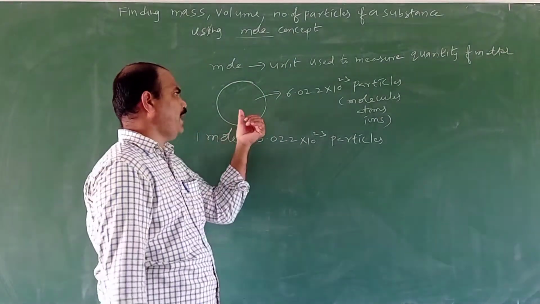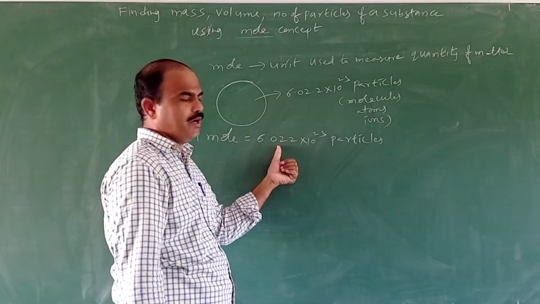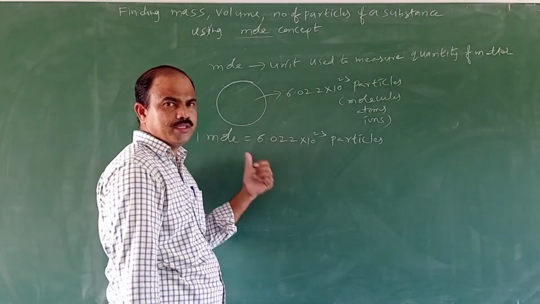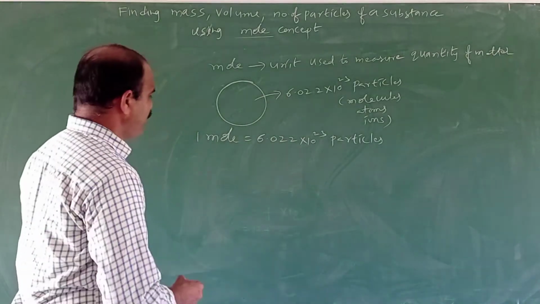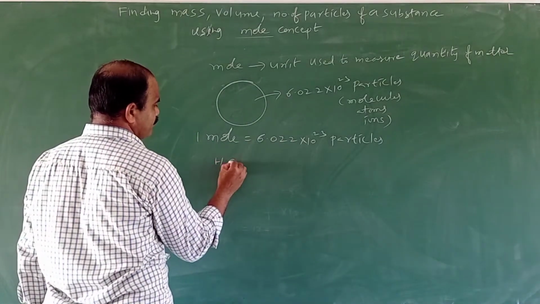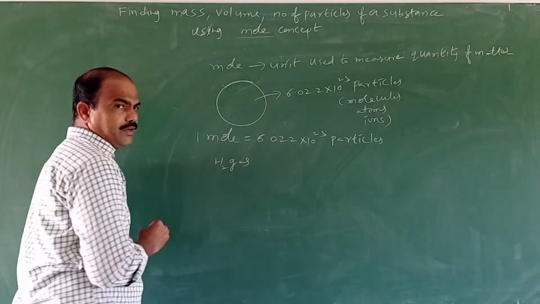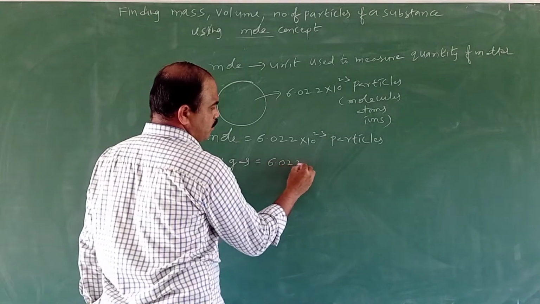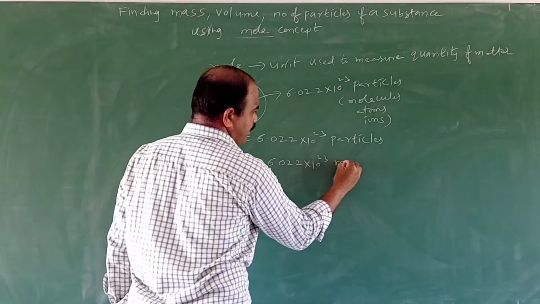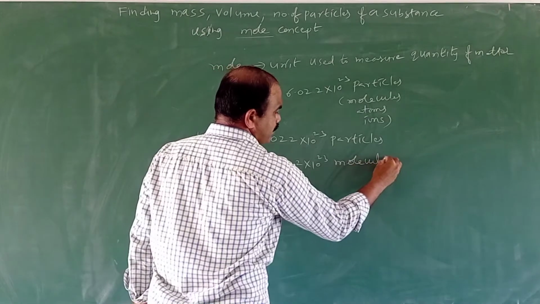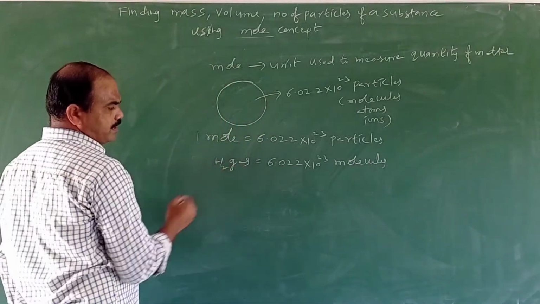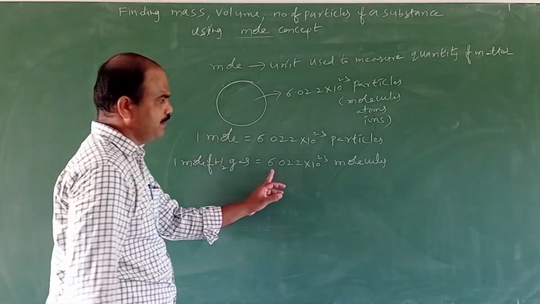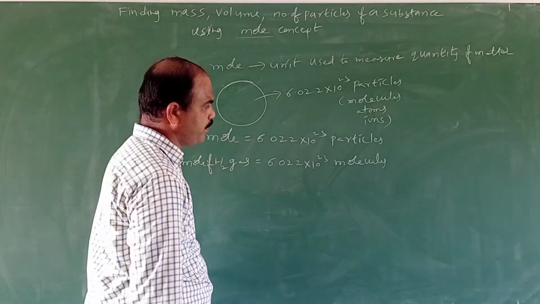Only if the matter contains this number of particles do we say the substance is 1 mole. For example, take hydrogen gas. Hydrogen gas is 1 mole if it contains 6.022 × 10^23 molecules.